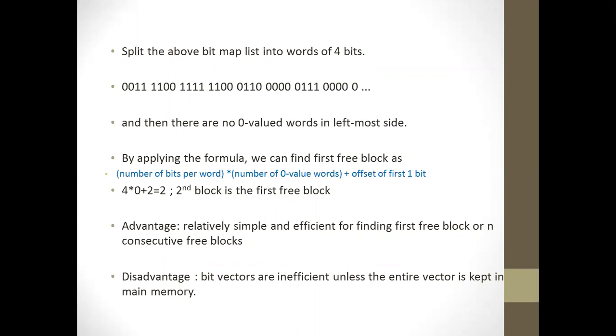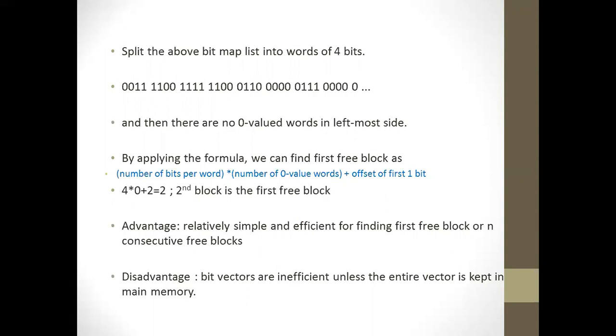By applying the formula, the number of bits per word is 4, the number of zero-valued words is 0, and the offset of the first 1 bit is 2. So the second block is the first free block on the secondary storage disk. If any new file is to be created, the storage starts from the second block.